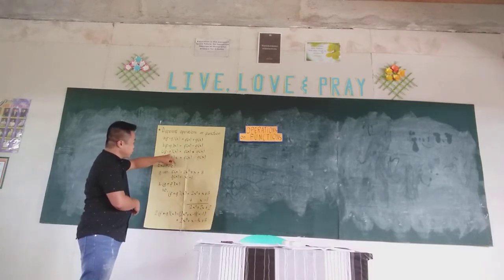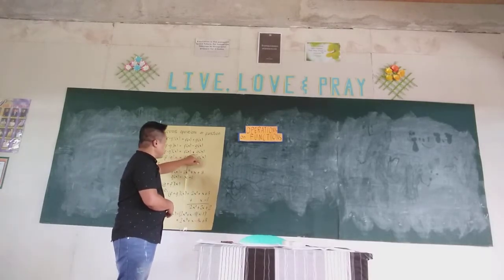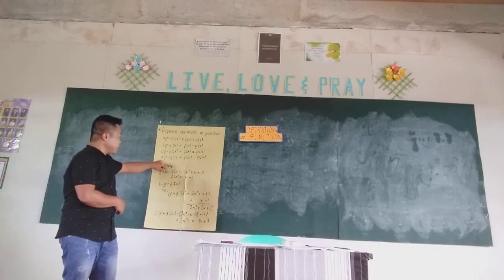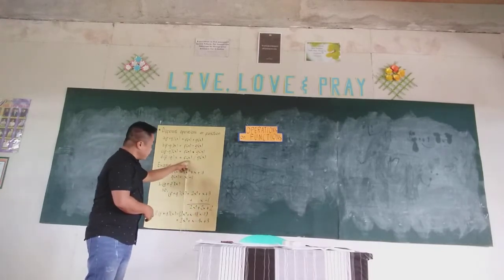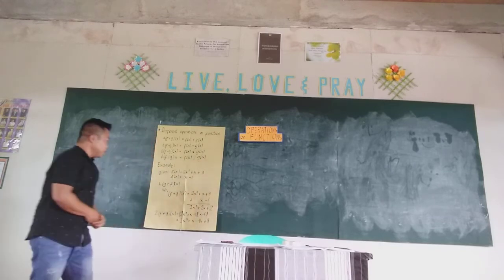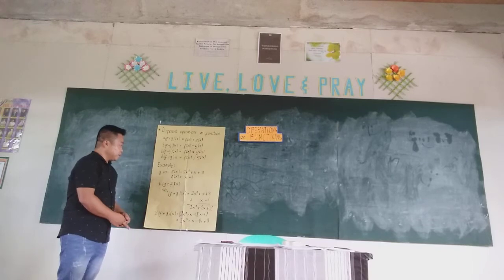Third, you're going to multiply f of x and g of x. And last part, we're going to divide f of x and g of x. Now you're going to proceed to our example.